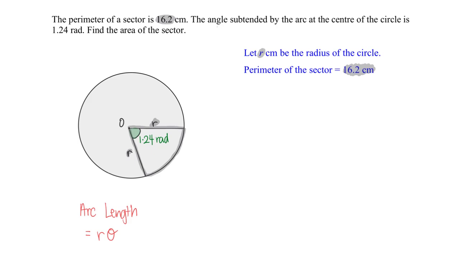and next thing also would be that this arc length, this red color arc length, since the angle, they actually give me in radian, 1.24 radian here. That means this angle and radius is R. You will then see this arc length here.